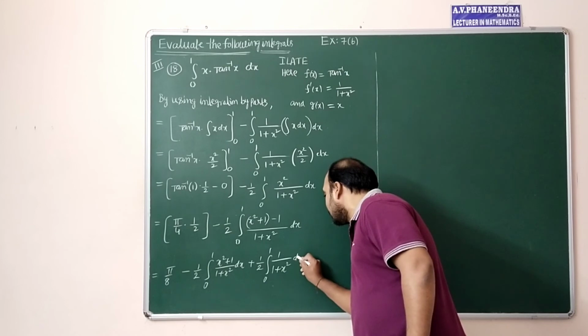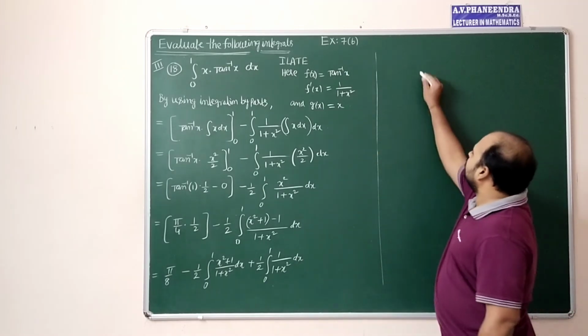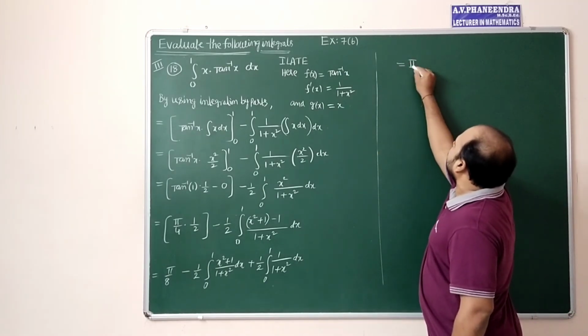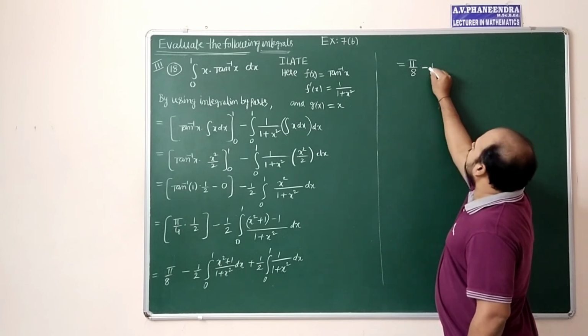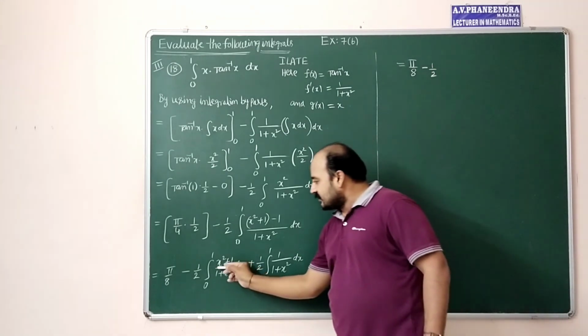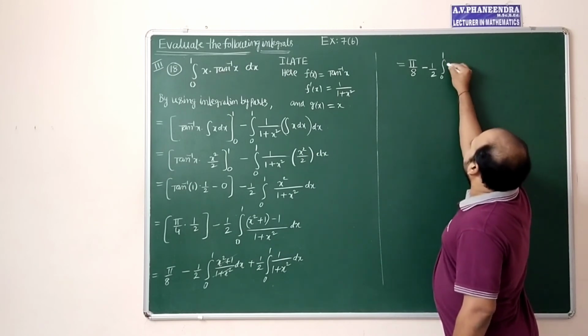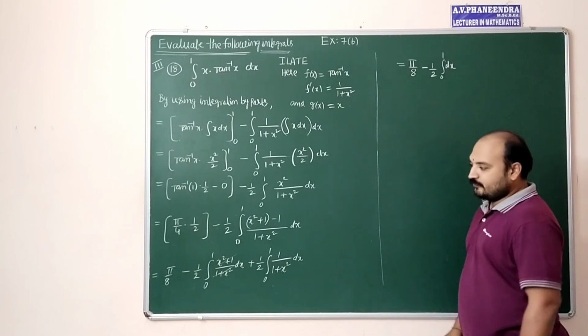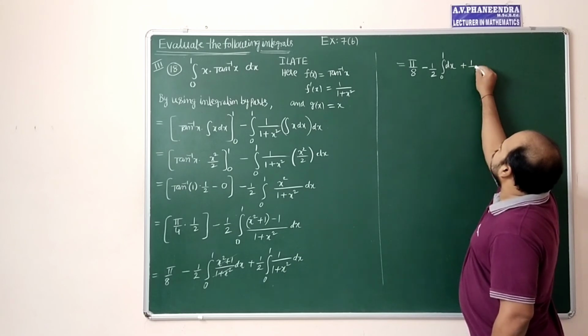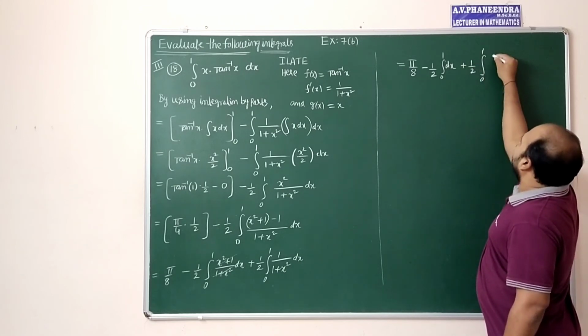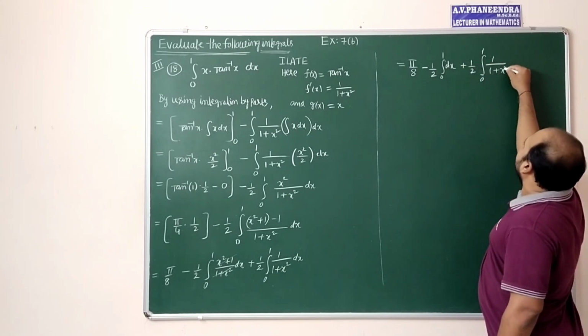into dx. So which is equal to pi by 8 minus 1 by 2 into, here 1 plus x square gets cancelled, integral 0 to 1 dx plus half into integral 0 to 1 1 by 1 plus x square into dx.